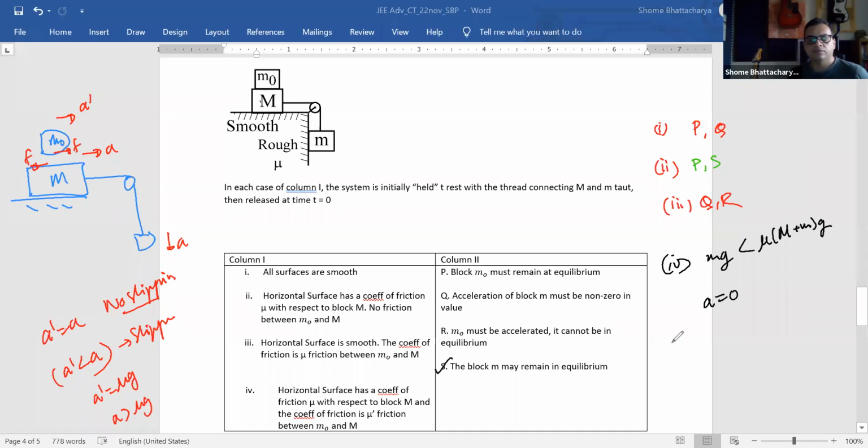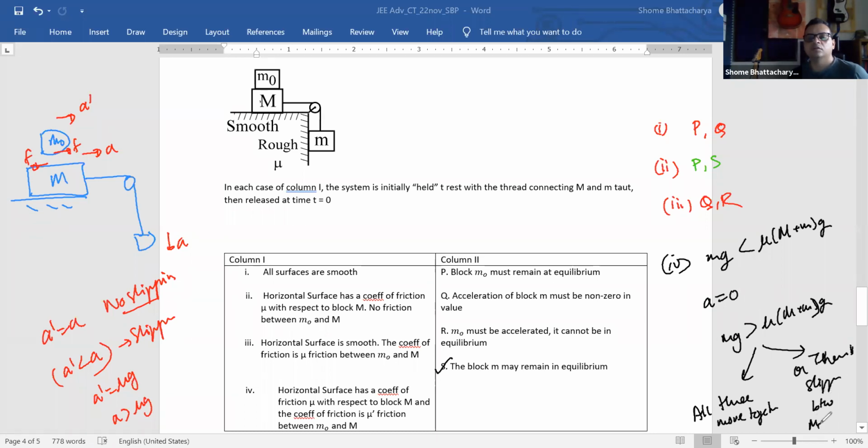Okay, if mg is greater than mu (M plus m naught) g, okay, in this case, what will happen is that either all three move together, okay, or there is slipping between m naught and capital M, because there isn't enough friction between the two of them.